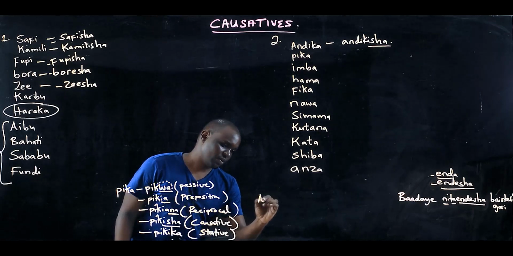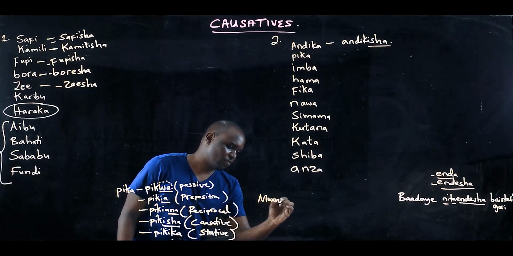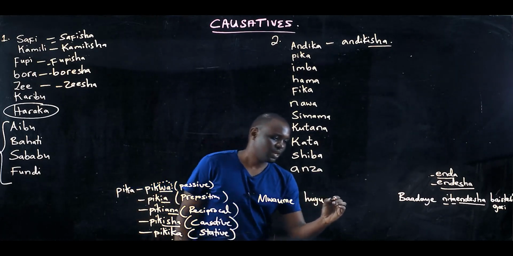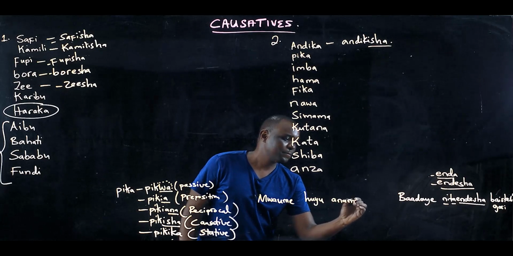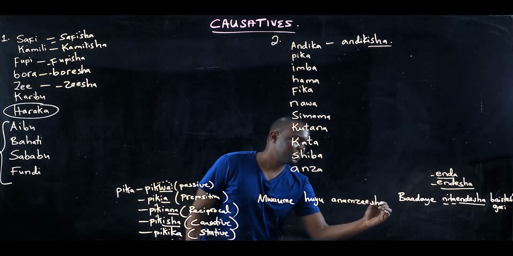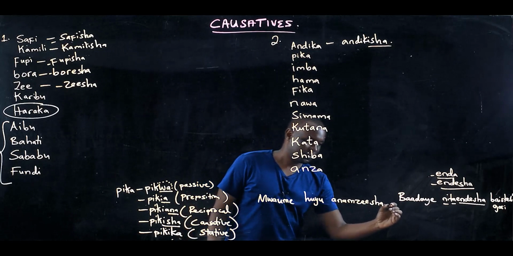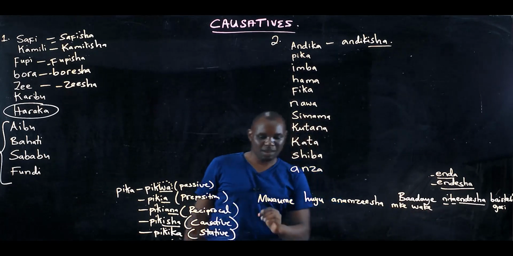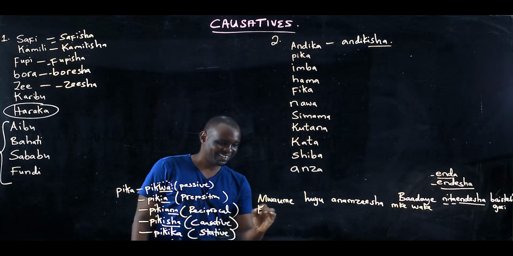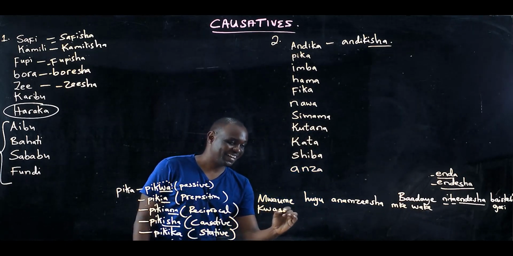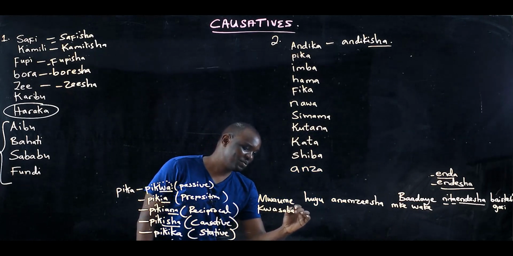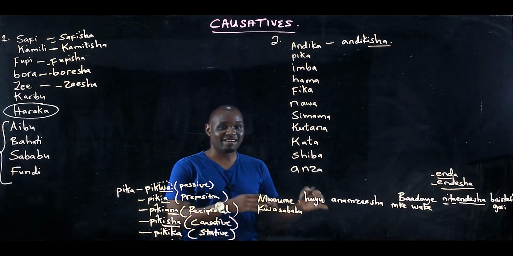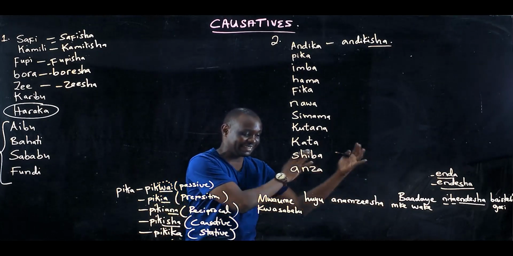Mwanaume huyu ana mzeesha mke wake. Kwa sababu, I'm going to give you another, kwa sababu he makes her deliver 8 children.